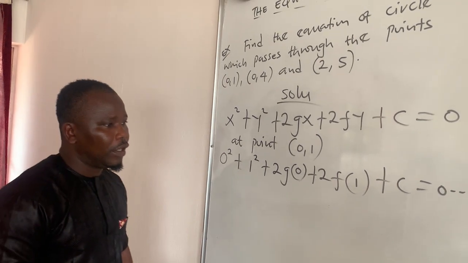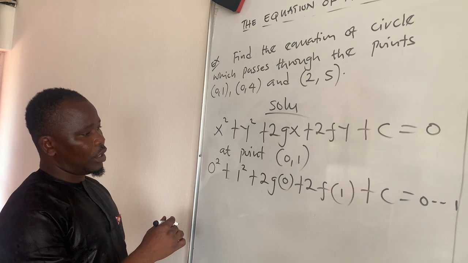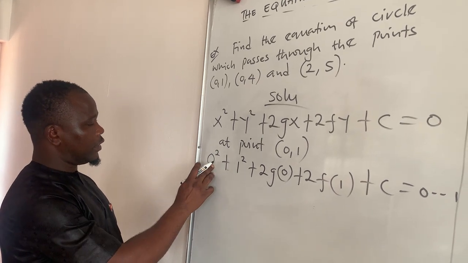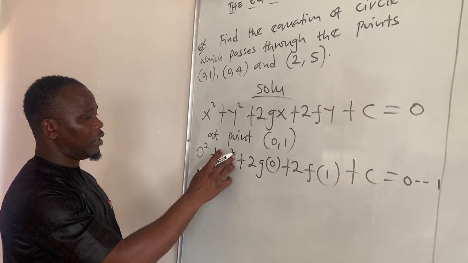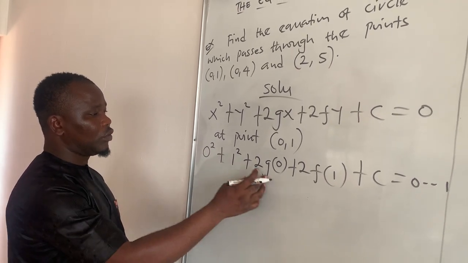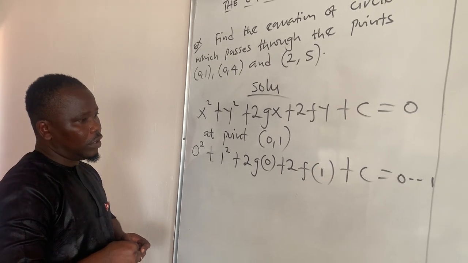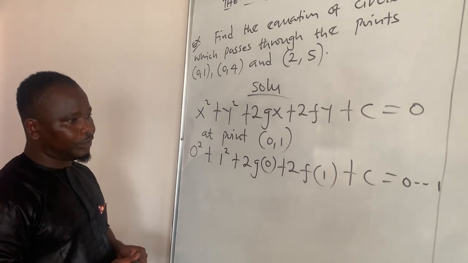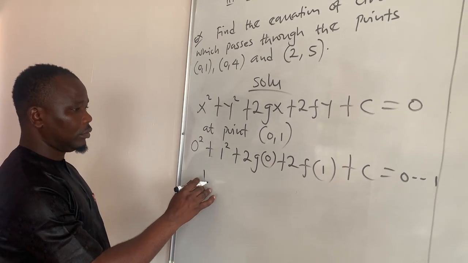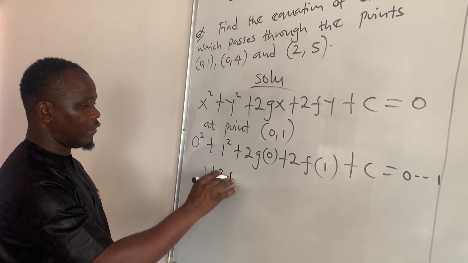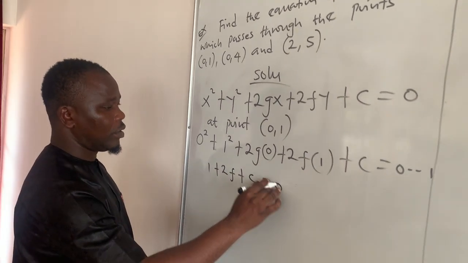Are you following? We know that 0 raised to the power 2 is the same thing as 0. Then 1 raised to the power 2 is the same thing as 1. Then 2g times 0 is going to give us 0. So equation 1 will now be in this form: 1 plus 2f, because 2f times 1, plus c is equal to 0.